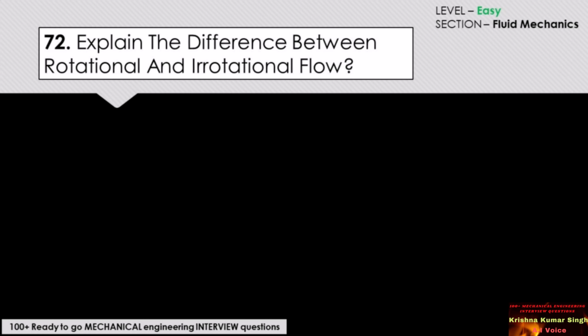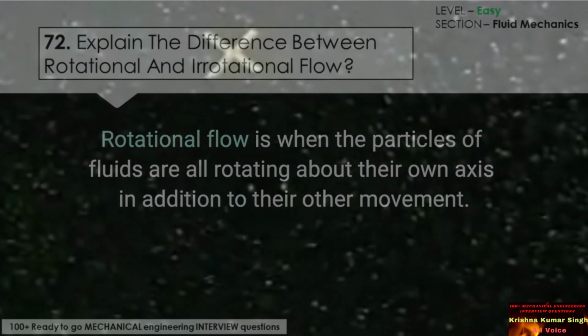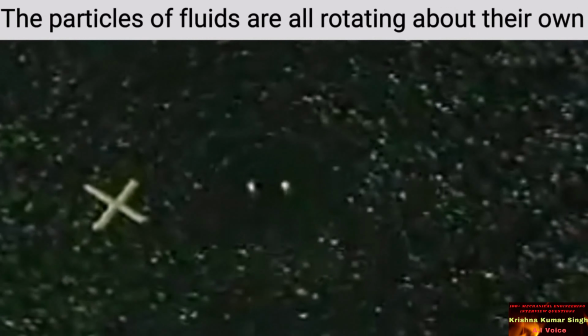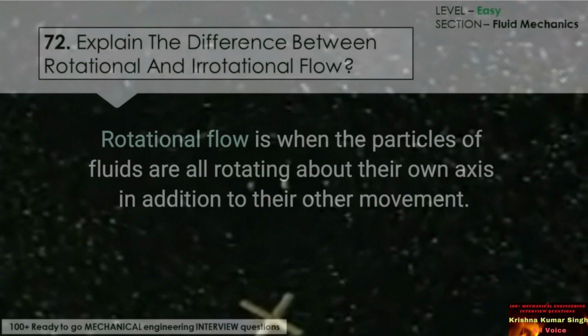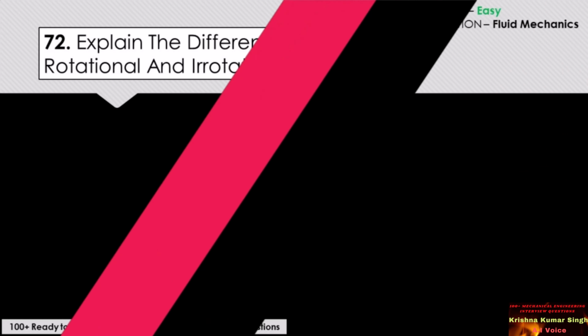Explain the difference between rotational and irrotational flow. Rotational flow is when the particles of fluids are all rotating about their own axis, in addition to their other movement. Irrotational flow is when the individual particles are not rotating around their axis.